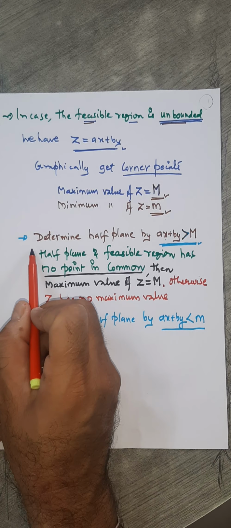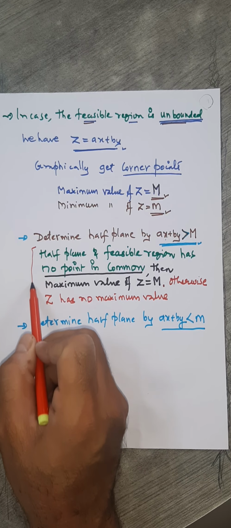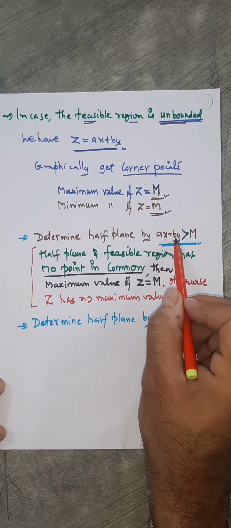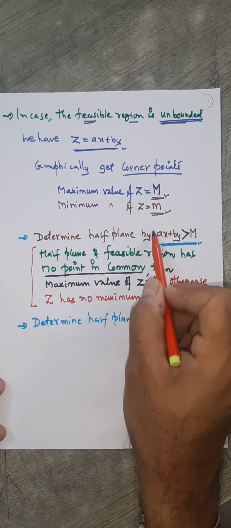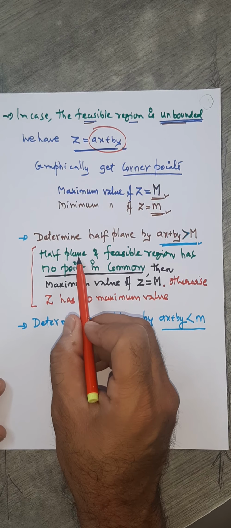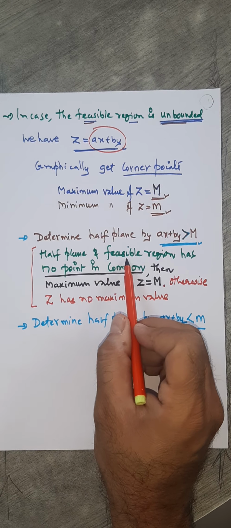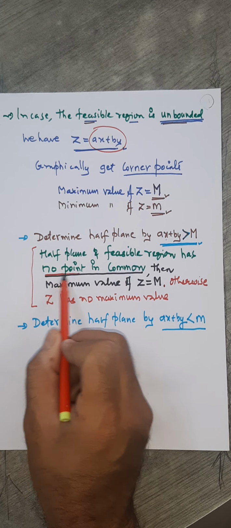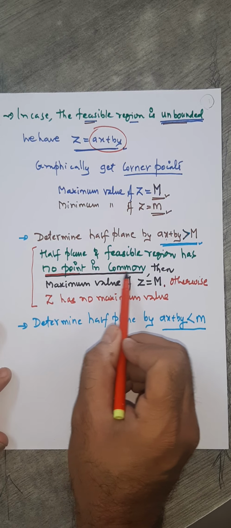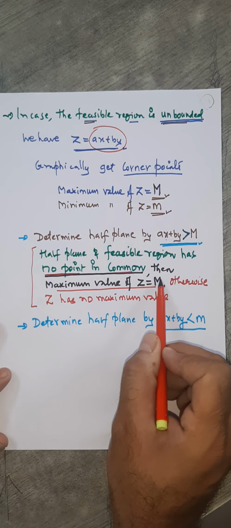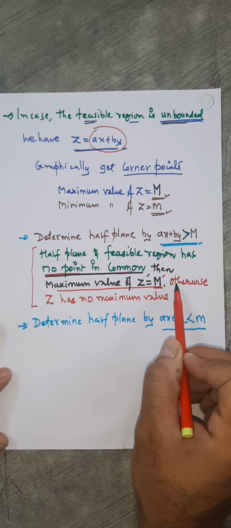I repeat this portion, what it says. You determine this half plane. Which half plane? ax plus by greater than M. What is this ax plus by? This objective function. Now if the half plane and the feasible region, which you already drew in the beginning to get the corner points, have no point in common, then the maximum value is this M which you stated earlier.